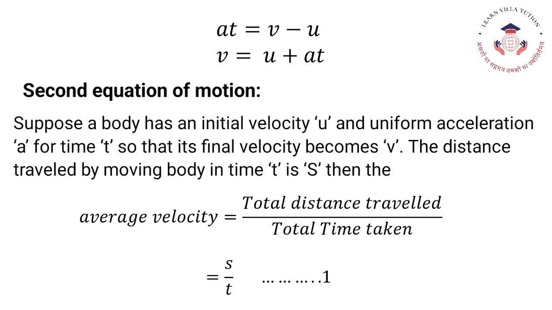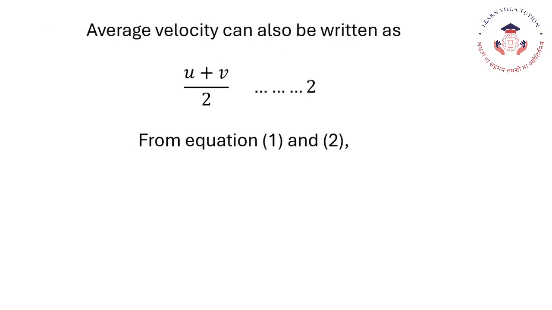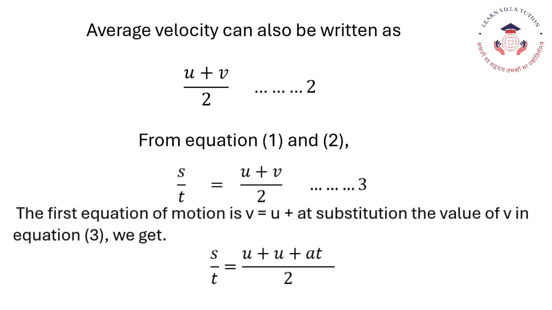Average velocity = s/t. Average velocity can also be written as (u + v)/2. From equations 1 and 2, s/t = (u + v)/2. The first equation of motion is v = u + at.